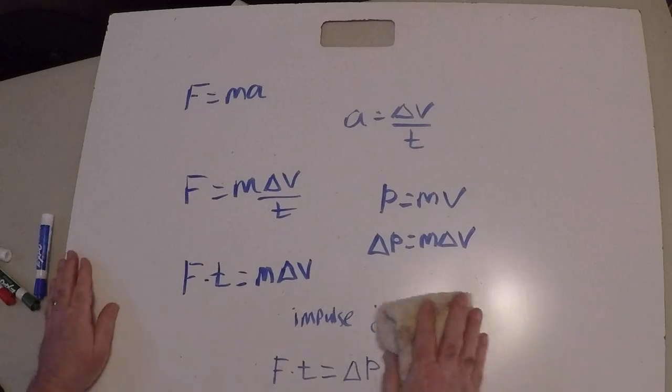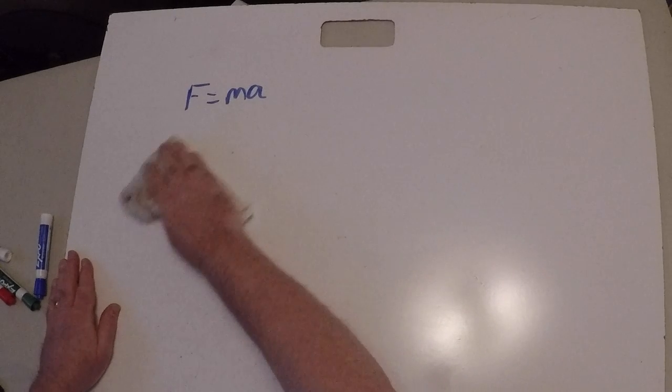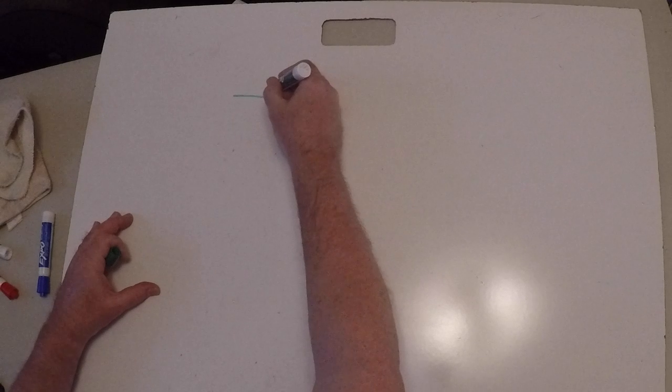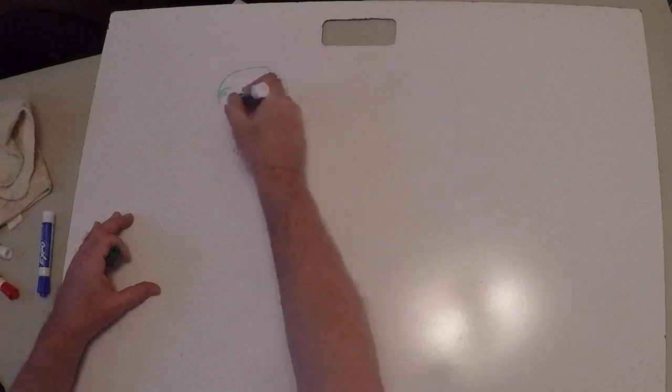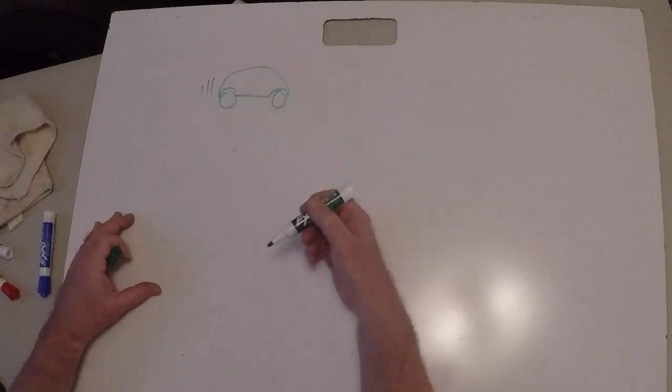In your textbook there are some example problems, and I would encourage you to go through those and see what you can find out. But let's do a problem different than that. Let's say we have a car that is traveling down the street, down a highway maybe, and it's moving to the right.